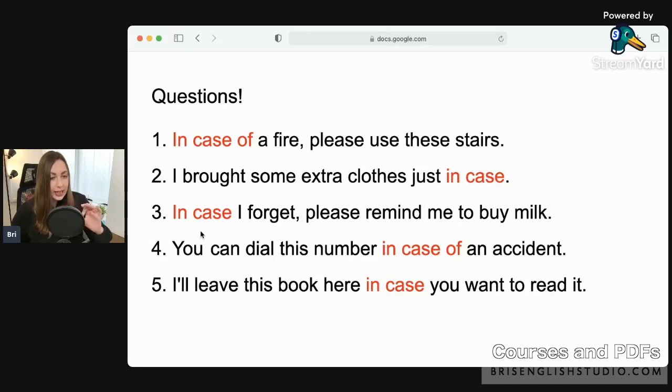So in case means that there is a possibility and we are preparing for that possibility, okay? In case I forget, there is a possibility I forget. In case you want to read it, in the possibility you want to read it, okay? So it's different from if, because no matter what, we are going to prepare. Okay, very good.